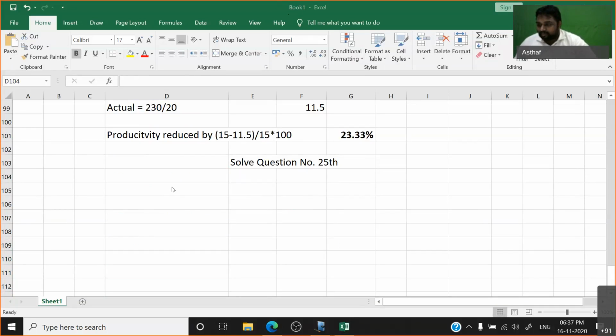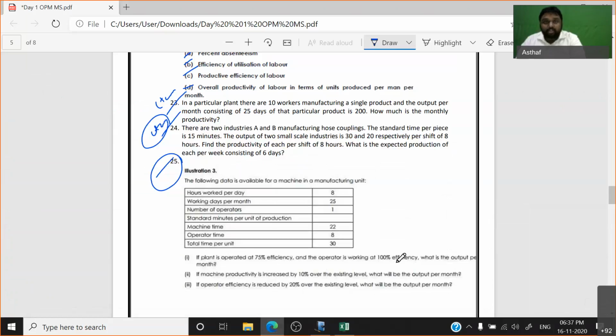So what is the answer for question number 25? Hours per day is 8 hours. Working days is 25 days. Number of operators is 1. Machine time, operator time, total time.